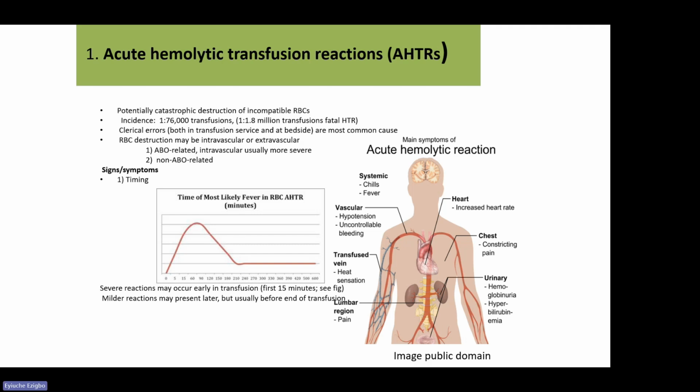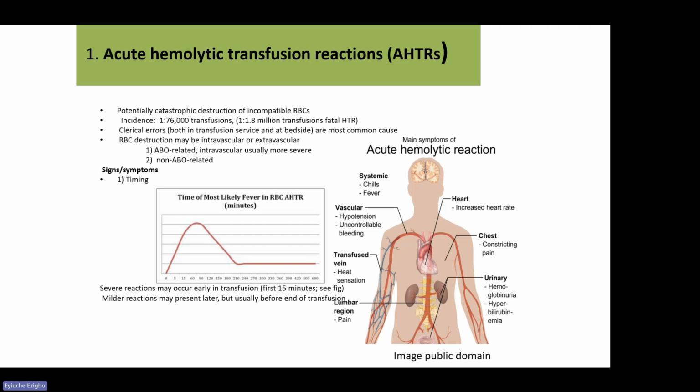Red blood cell destruction may be intravascular or extravascular. As you can see from the name, acute hemolytic, it is acute and it is hemolytic, that is red blood cell destruction. Some are ABO related, and when they are ABO related, intravascular, they are usually more severe.